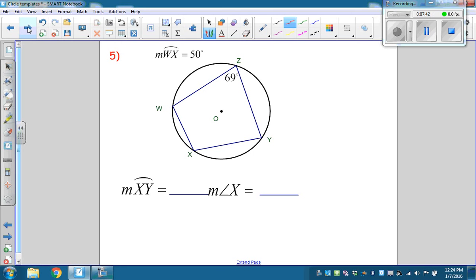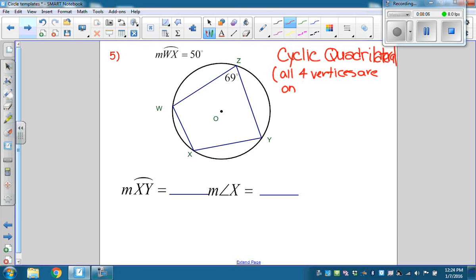Okay, this is a cyclic quadrilateral. Barely fit that. That means all 4 vertices are on the circle.